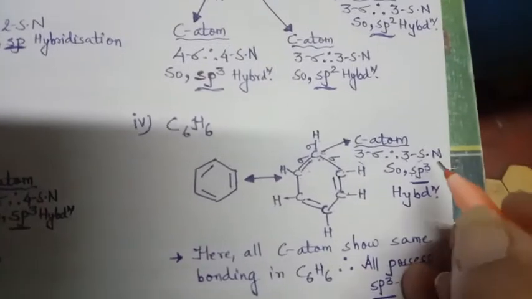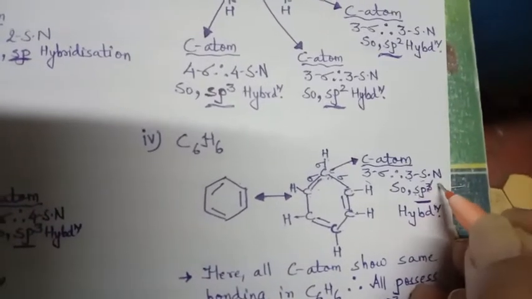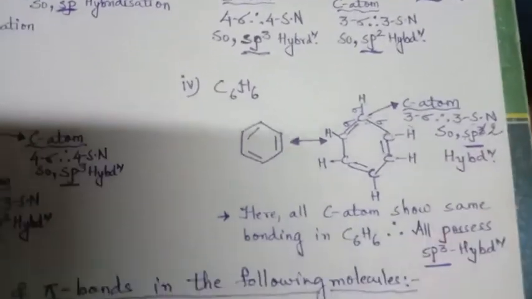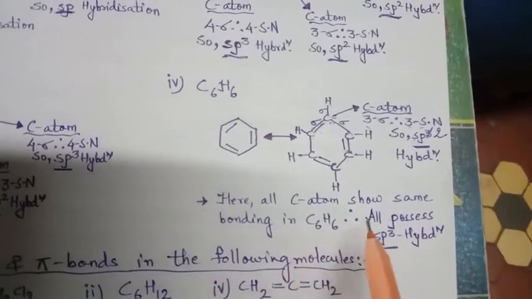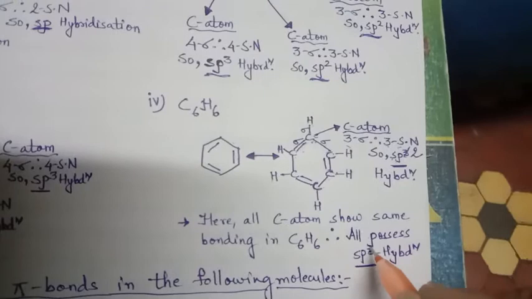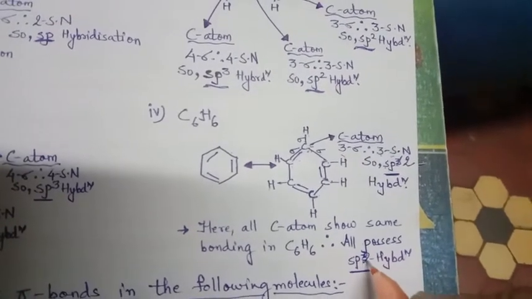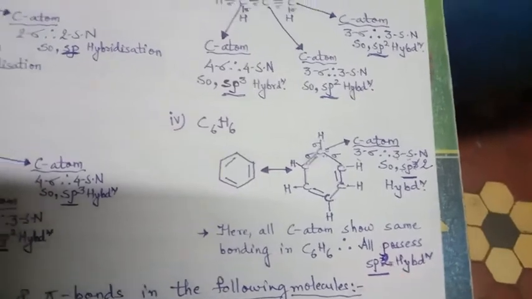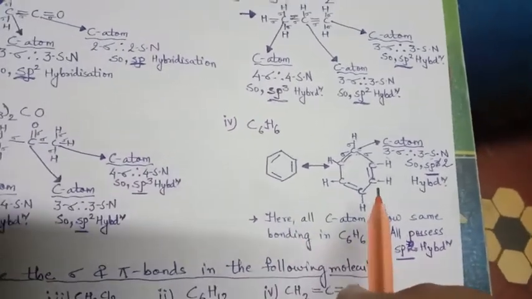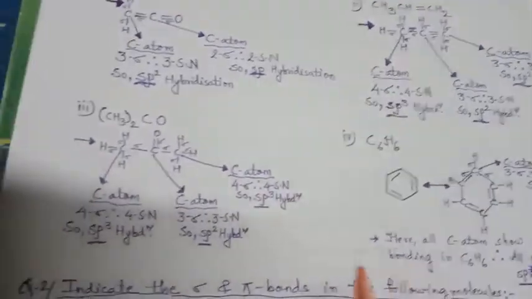So it should be sp2. Clear? All carbon atoms show the same bonding in C6H6, so all possess sp2 hybridization.